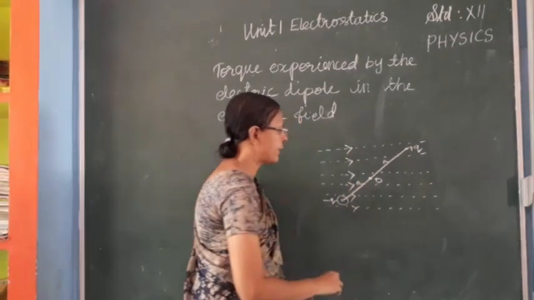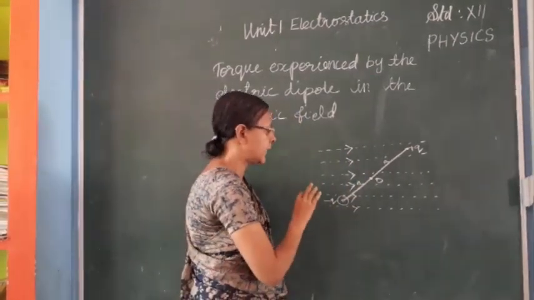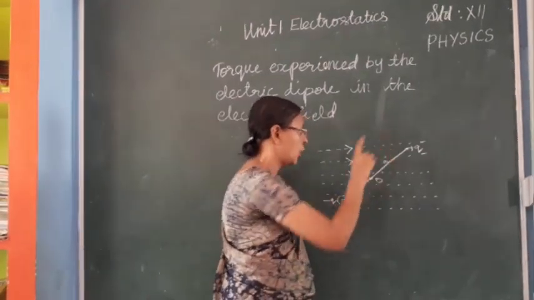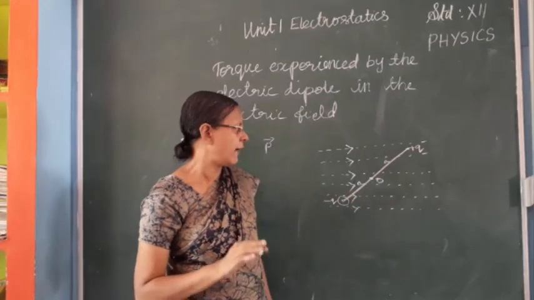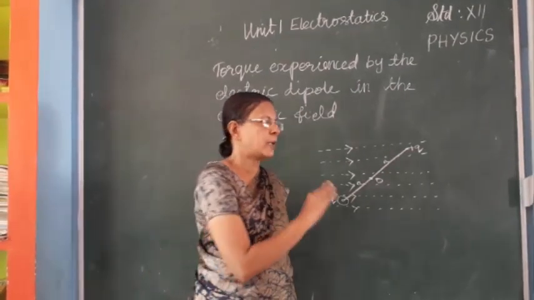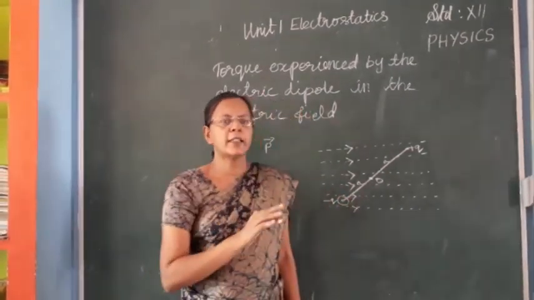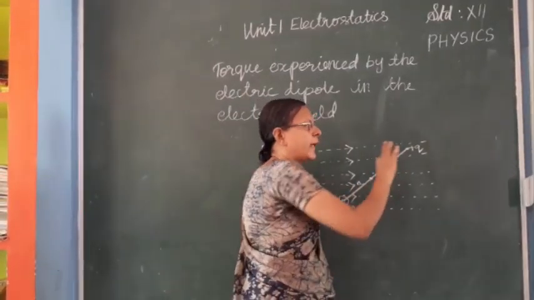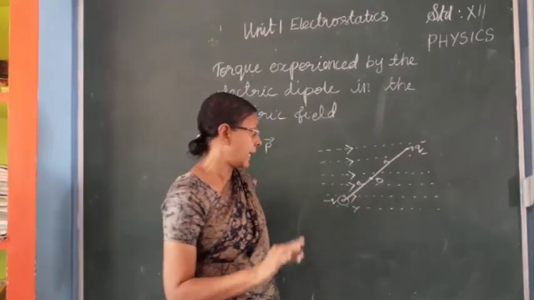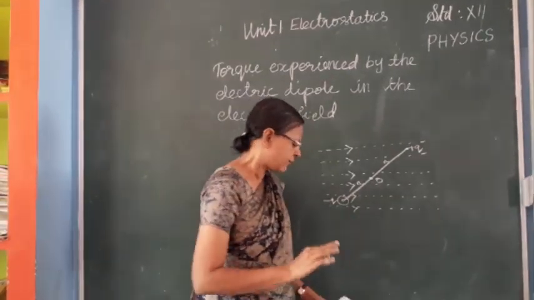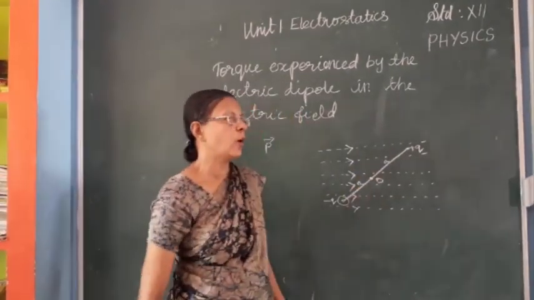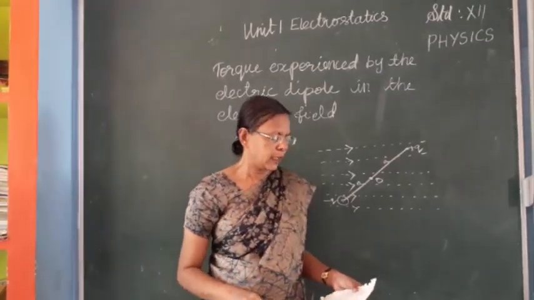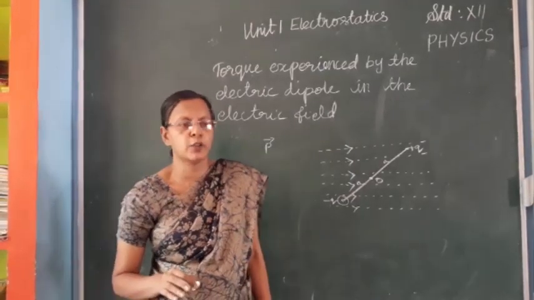So if two charges have equal values and are separated by a small distance, we can say that is an electric dipole. Here this plus Q and minus Q constitute an electric dipole, equally spaced from the midpoint O. So now the total torque we have to find out.